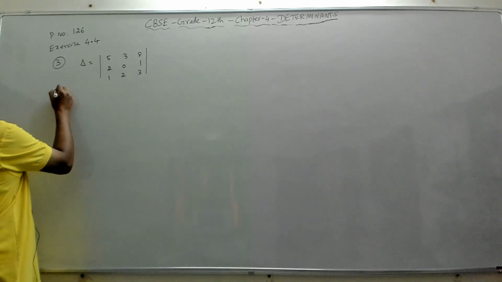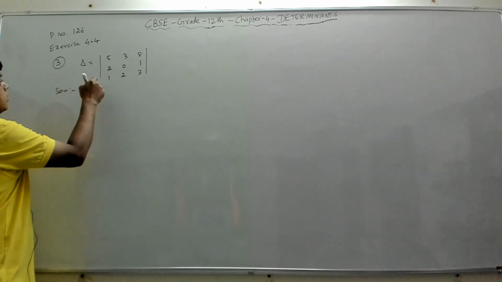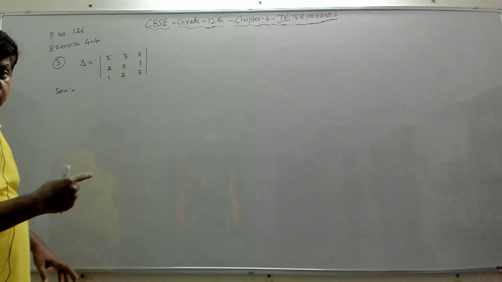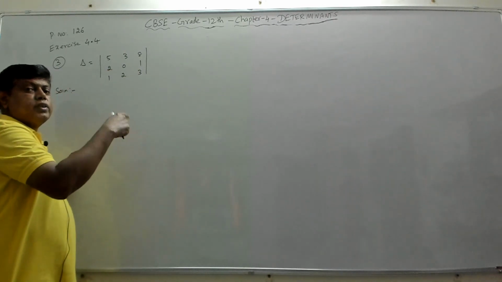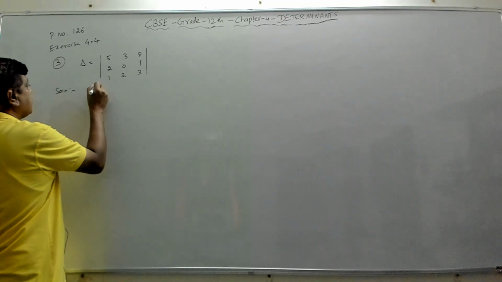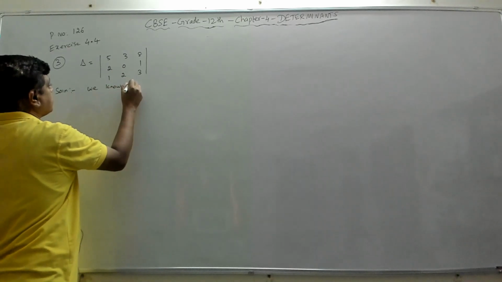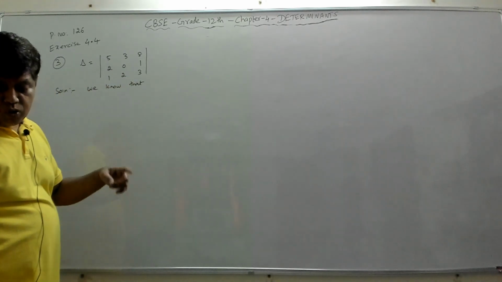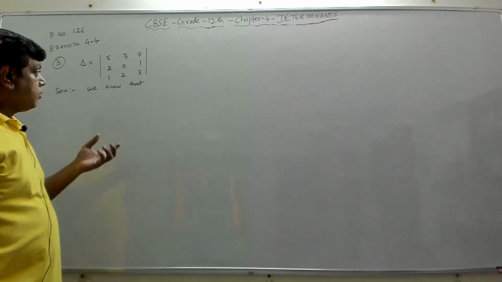So we know that if you take the cofactors of the second row and if you multiply them with the elements of the second row, that will be equal to the value of the determinant. They are saying that using the cofactors of elements of second row, we have to evaluate the determinant.